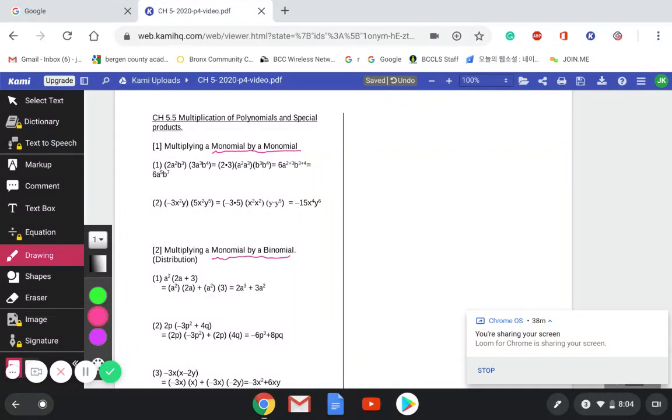Okay. So you're multiplying 2a squared b third times 3a third b fourth. So when you multiply monomial, this is monomial because you don't have any plus or minus operator there.